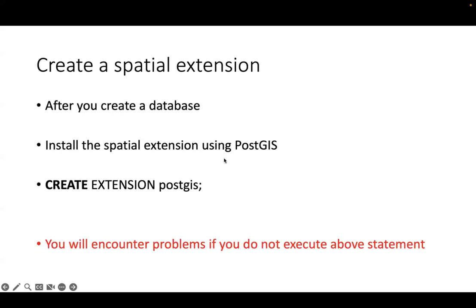Once you create a database, you have to use this command, CREATE EXTENSION postgis, to empower your database to use spatial queries. Otherwise, your database will not allow you to use spatial SQL queries. In the beginning of the exercises, when you were creating your database accounts, you can check in your Moodle, all of you have executed this command in your Postgres database.